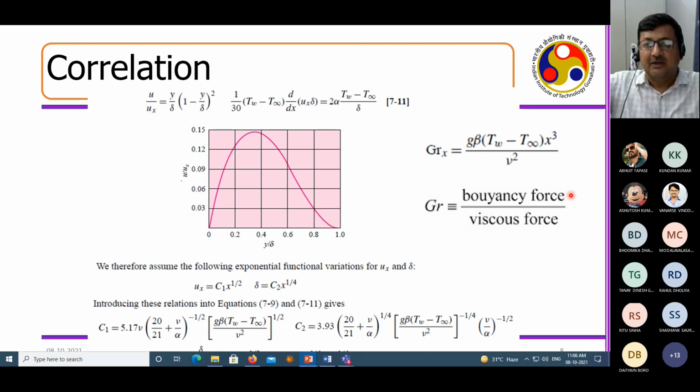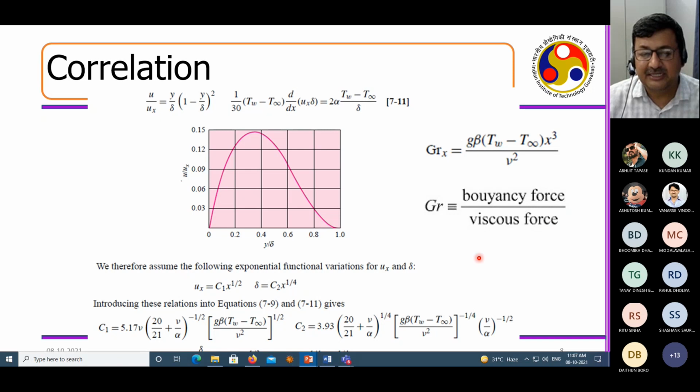Whereas here, there is a difference in buoyancy, so a pressure gradient is created, because of which the recirculation is taking place. And then again, the viscous forces are working against that.